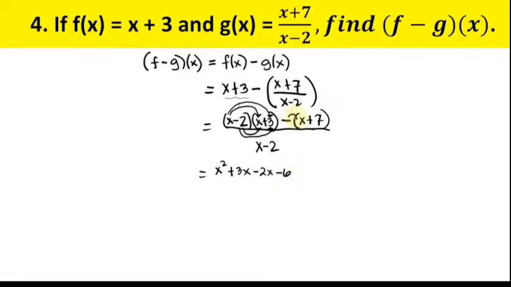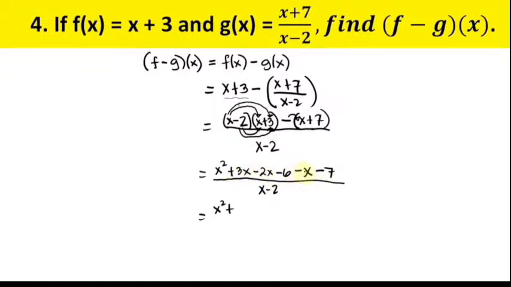Then ito i-distribute natin, so negative times x magiging negative x, negative times positive 7 magiging negative 7 over x minus 2 equals, i-simplify natin, like terms, x squared, walang kapareha, so you just copy, plus ito 3x minus 2x minus x.